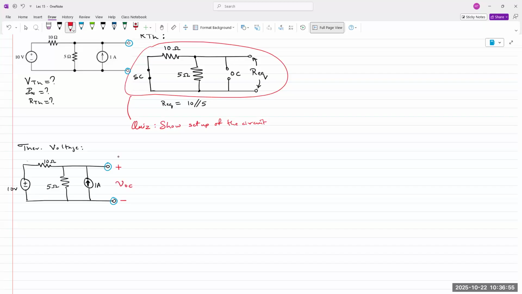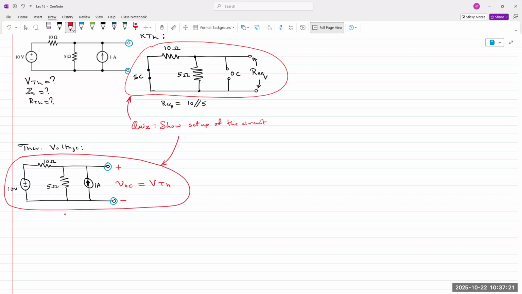And the open circuit voltage is our Thevenin voltage. Analyze using, again, let me point this out. In the quiz, this is what I'm asking you to do. Simply show me the setup of the circuit, no analysis required. Okay.